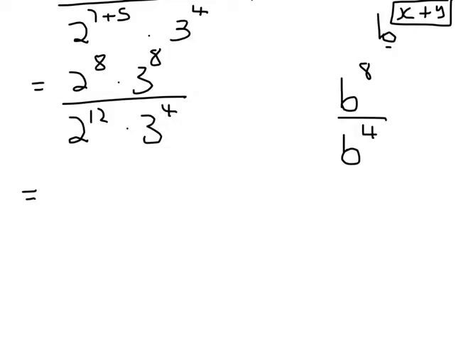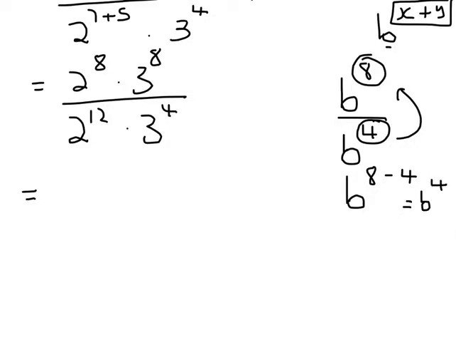That's how it works. So that means it is this small exponent that has to visit the bigger exponent, which means this exponent has to go to the top, and it ends up being b to the exponent of 8. Remember, you minus when you are dividing the same bases. Then it ends up being base to the exponent of 4, because 8 minus 4 is 4.